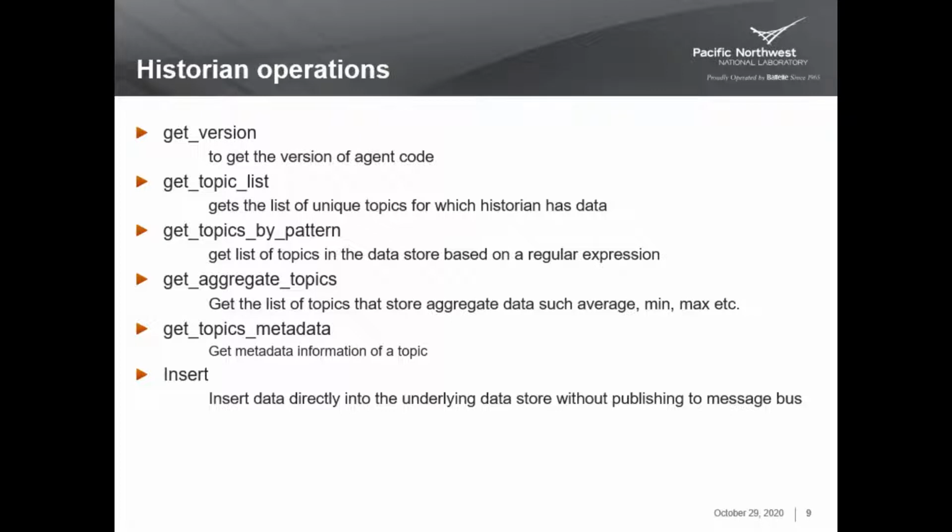getTopicList, getTopicsByPattern, and getAggregateTopics are methods that can be used to get the list of topics in the historian's data store. While getTopicList returns a list of all the unique topics, getTopicsByPattern returns only those that match a given regular expression. And getAggregateTopics returns only topics that store aggregate data.